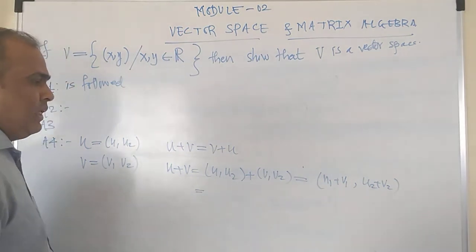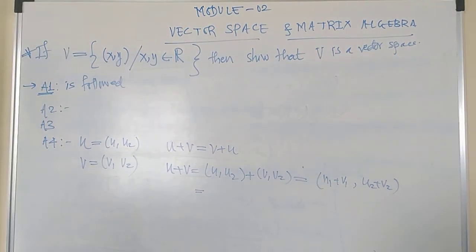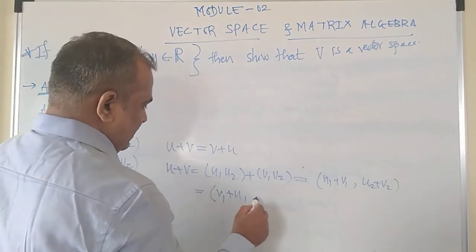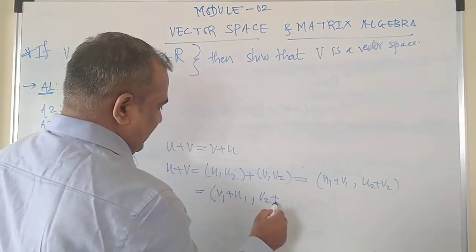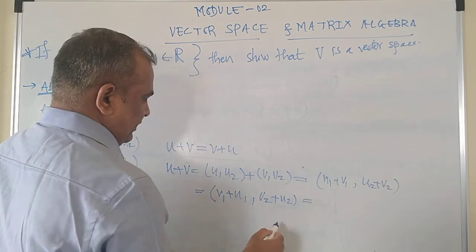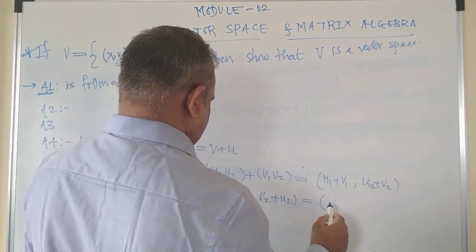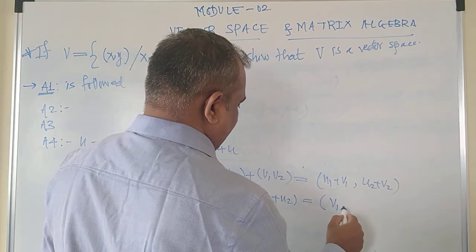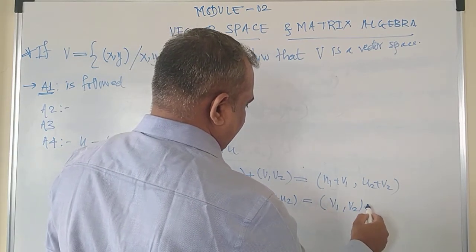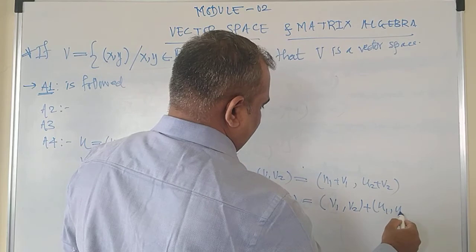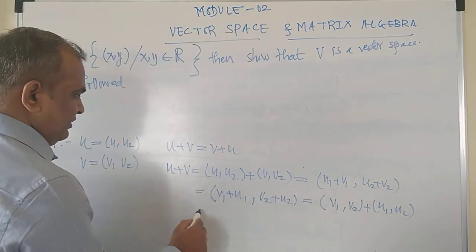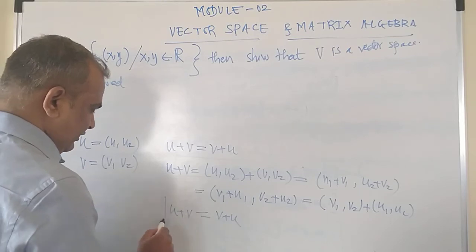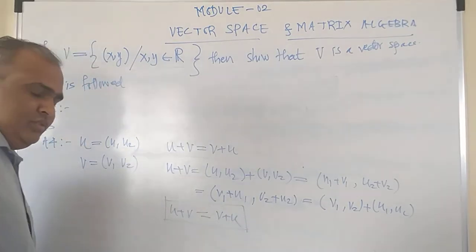This can be written as v1 plus u1 and v2 plus u2, then I would be able to write this as v1 v2 plus u1 u2, and this is nothing but v plus u, and therefore I can say u plus v is equal to v plus u.